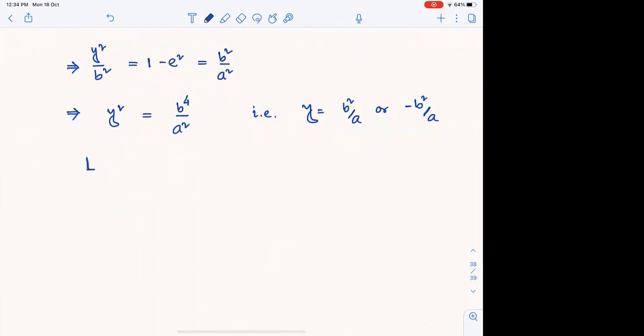So accordingly, we can mark L1 as (AE, b squared by a) and L2 as (AE, minus b squared by a). Is that part okay with everyone?